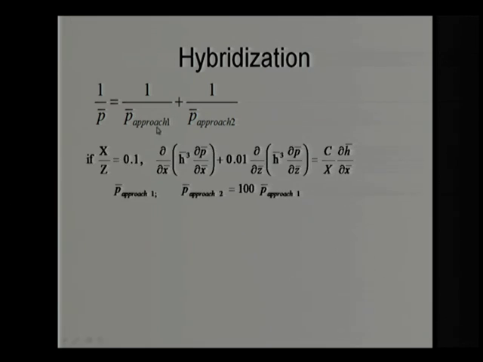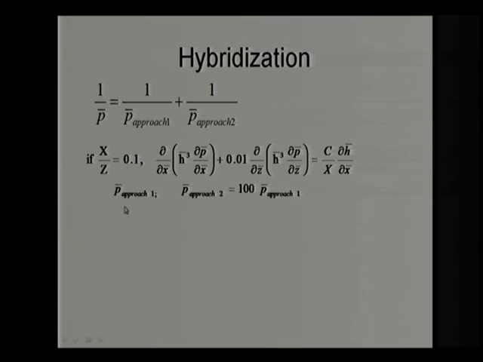We can take an example also. Let us say in the first case x by z is 0.1, that means the dimension in the x direction is 10 times lesser compared to the dimension in the z direction. Substituting it, we neglected this and evaluated the pressure profile by equating the first term to the right-hand side term.